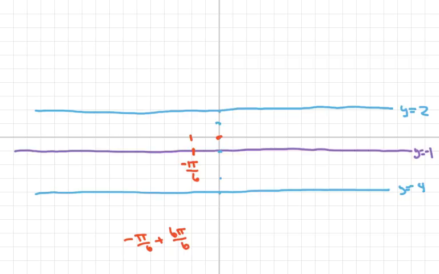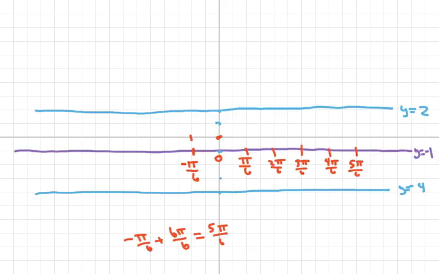To help me graph this better, I'm going to label this with pi over 6 here and go all the way to 5 pi over 6. This would be 2 pi over 6, 3 pi over 6, 4 pi over 6, and then 5 pi over 6. So that's where I'm ending.